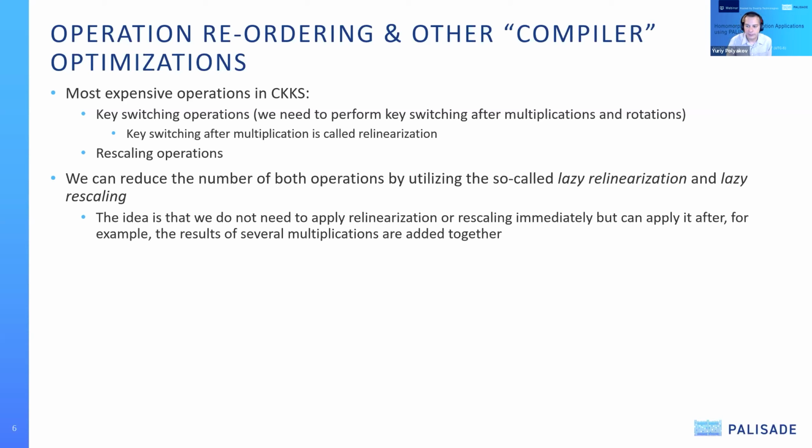As an example, if we need to multiply a lot of ciphertexts and then we need to add them up, instead of performing relinearization for each multiplication, we can just do it at the end.